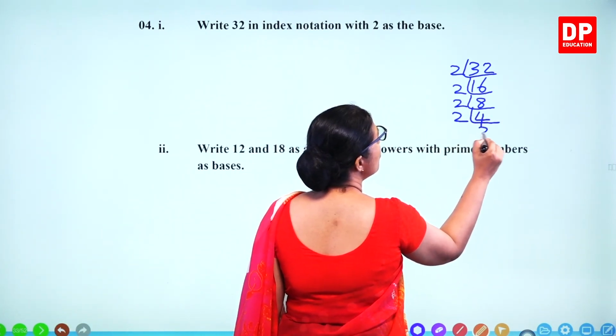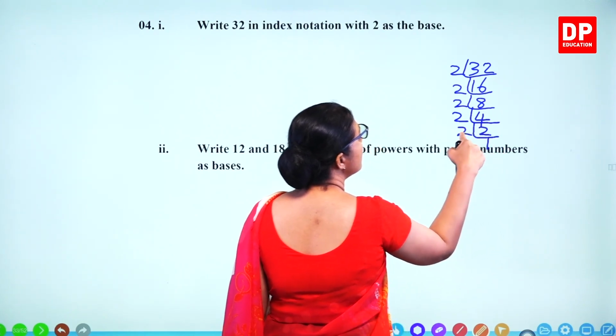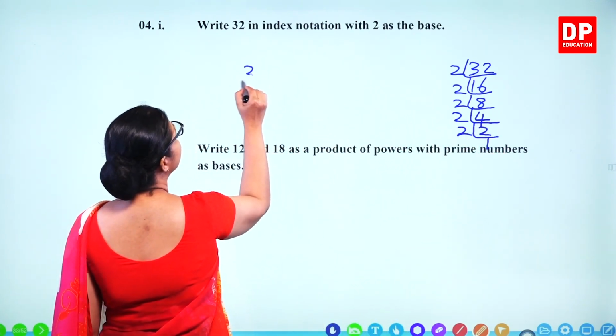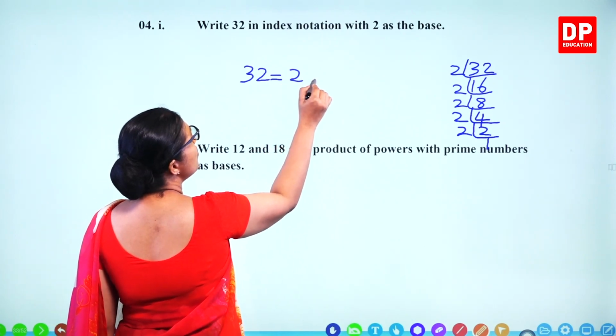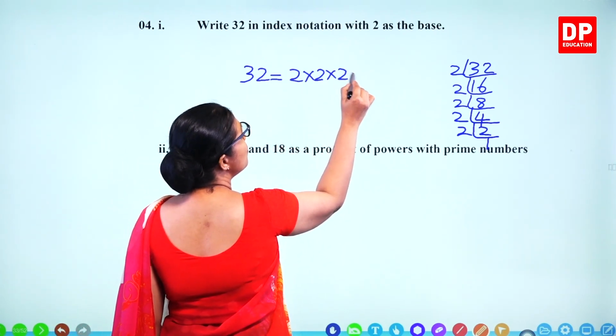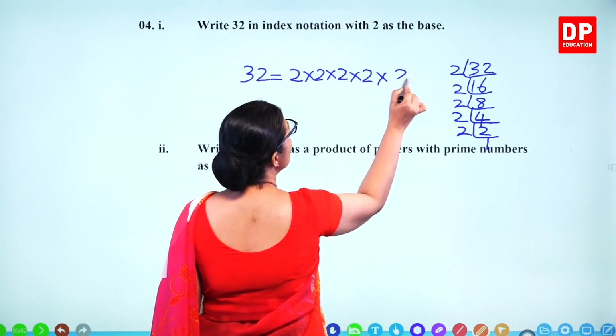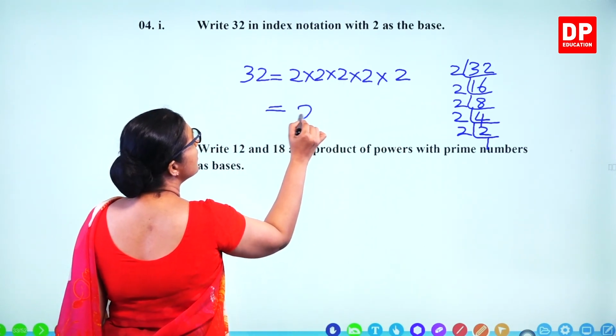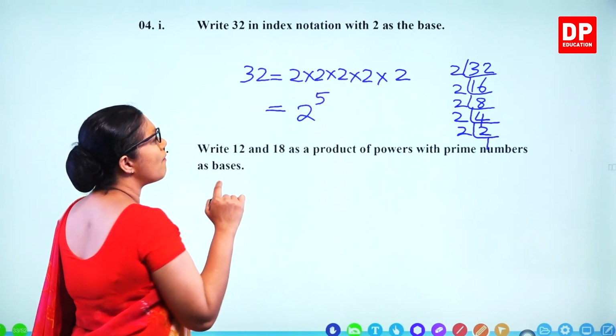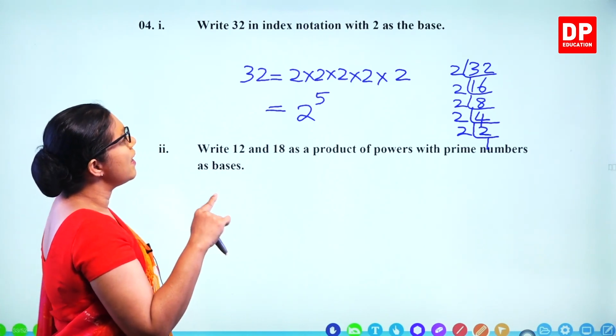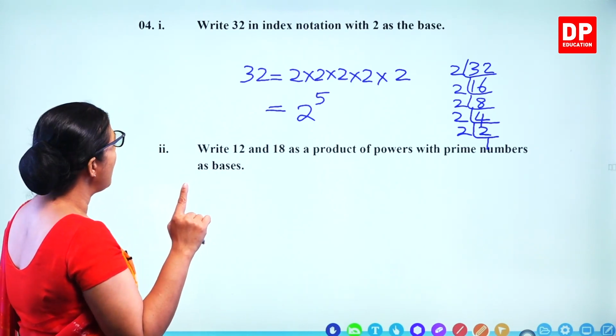Divide by 2, you get 2 and 1. How many 2s are there? 2 times 2 times 2 times 2 times 2. 5 2s are there. You can write it as power 5. So with base 2, 2 to the power 5.